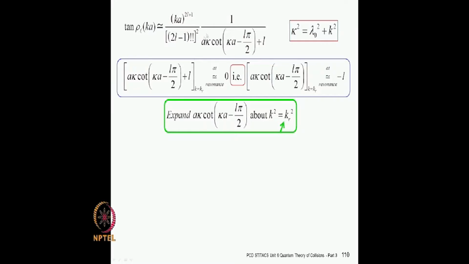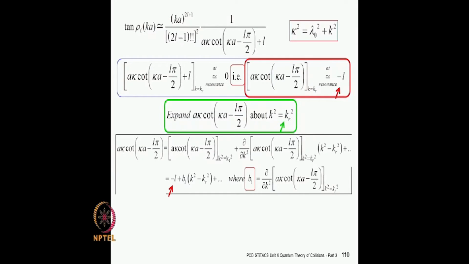And now you have this as the resonance condition, that this factor, a kappa cotangent of this angle, kappa a minus L pi by 2, at the resonance is nearly equal to minus L, and we are now going to expand the left hand side of this about k square equal to kr square, which is near the resonance momentum. So, let us expand it.